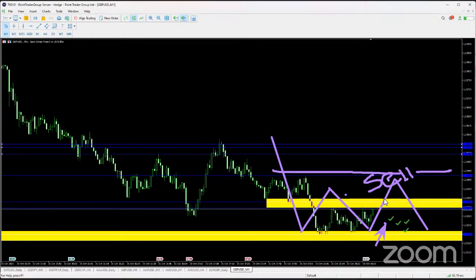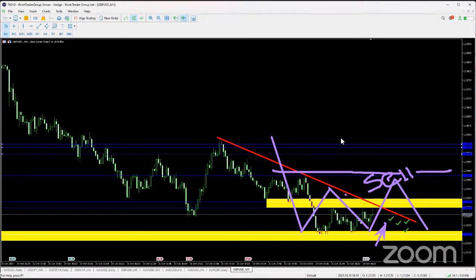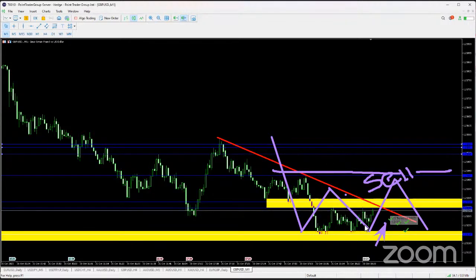Now your stop loss is above 1.2135. So we are playing in a range, in a safe range, I believe.